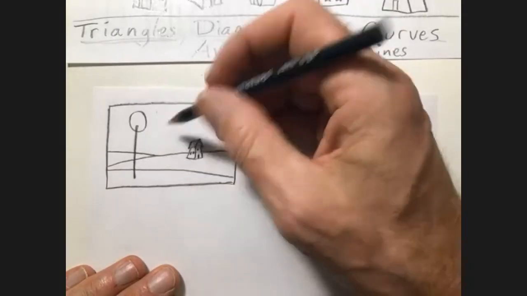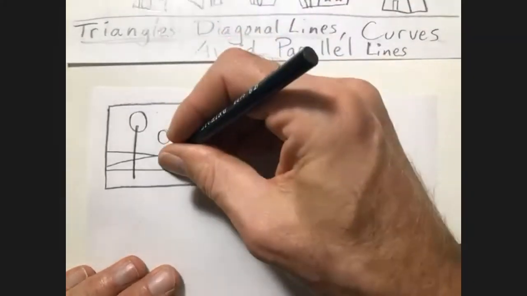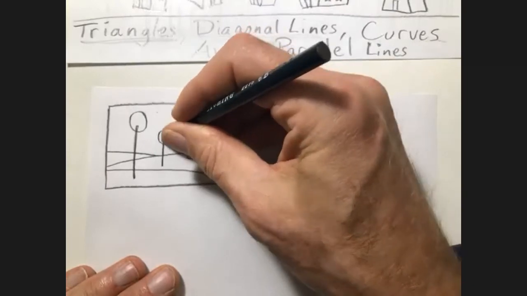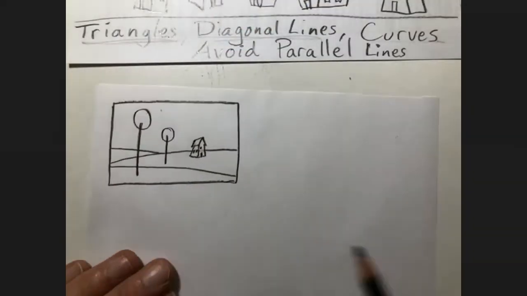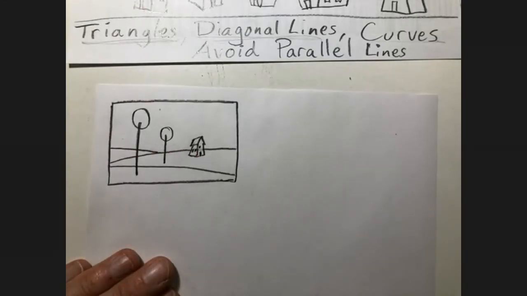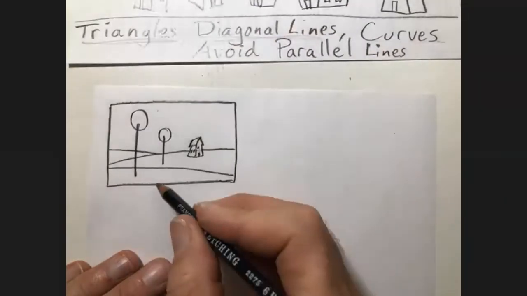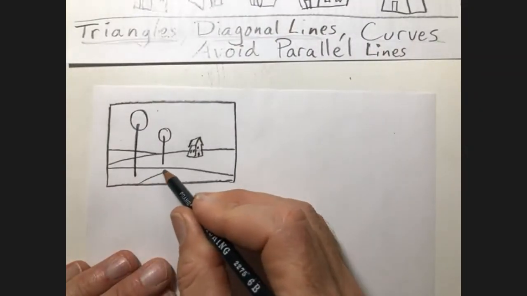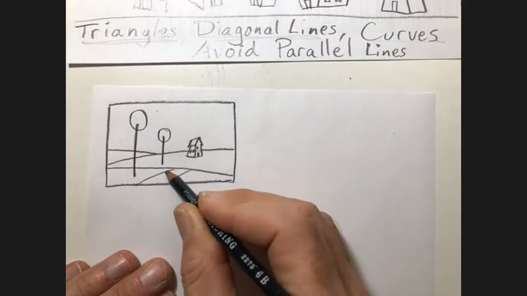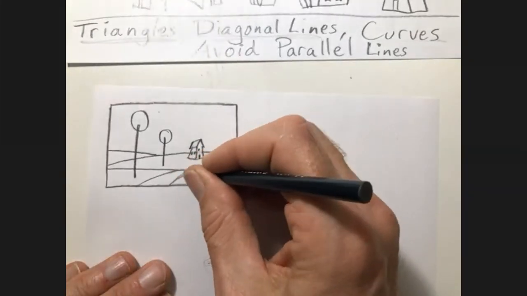So that tree needs to be a little bit smaller. Okay, so this now creates just a little bit of a rhythm to help us get to that point there. If we want, we can put in a road. We would do that made up of curved lines.